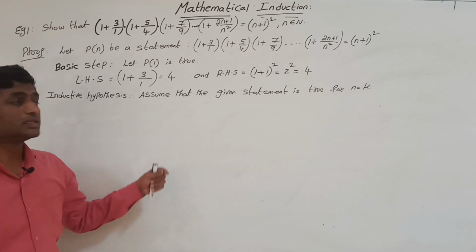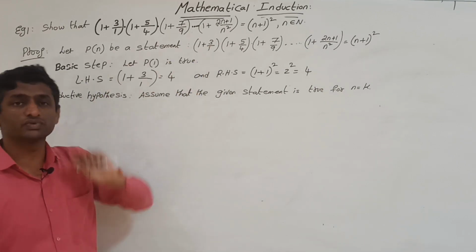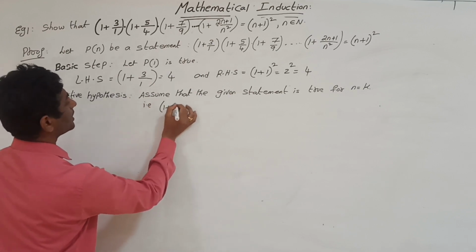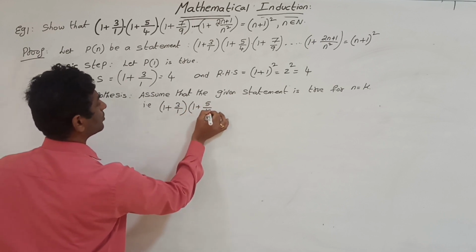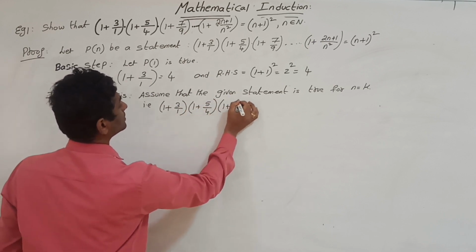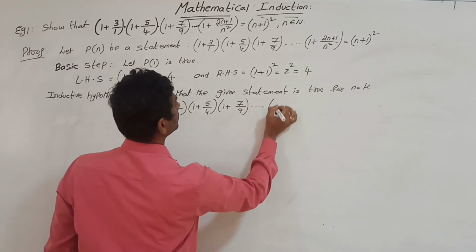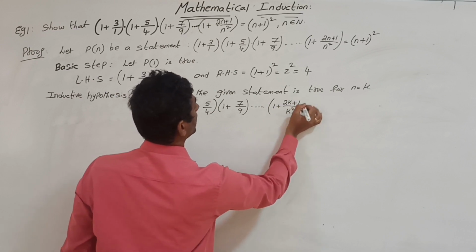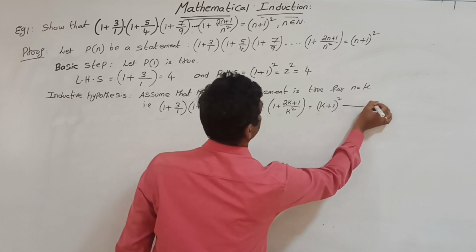Means the given product of k terms is k plus 1 whole square. So that is 1 plus 3 by 1 into 1 plus 5 by 4 into 1 plus 7 by 9 and so on into 1 plus 2k plus 1 by k square is k plus 1 whole square. So that is equation 1.